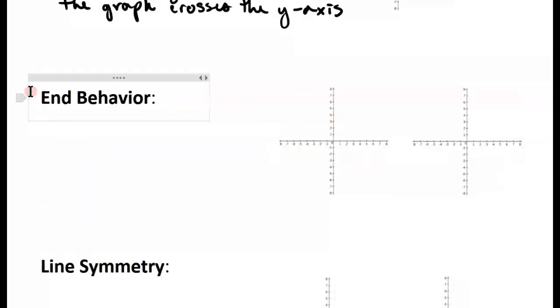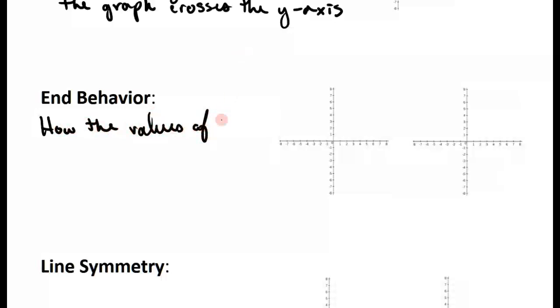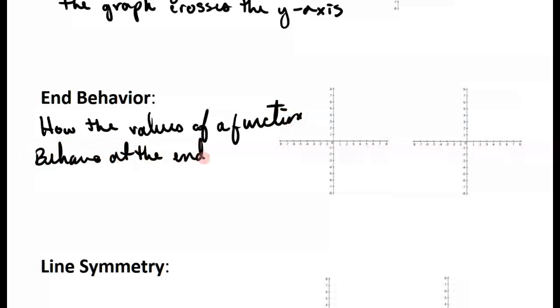Our next idea is end behavior. End behavior is simply how the values of a function behave at the end of each graph.